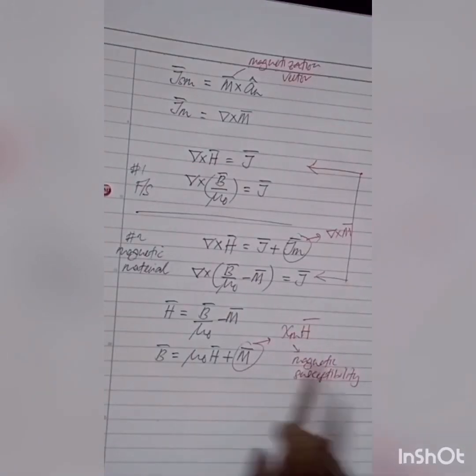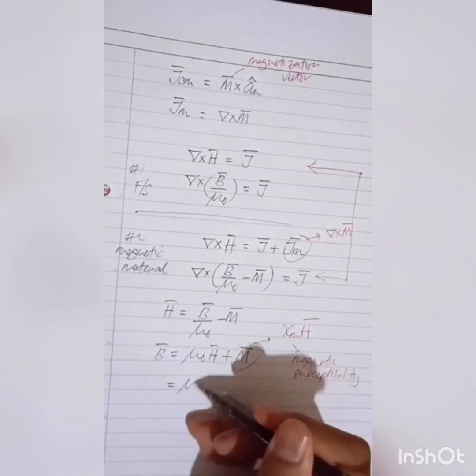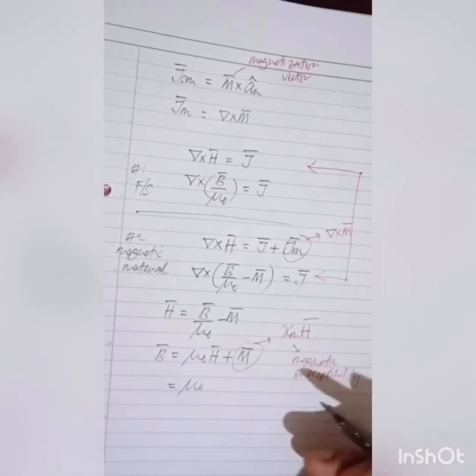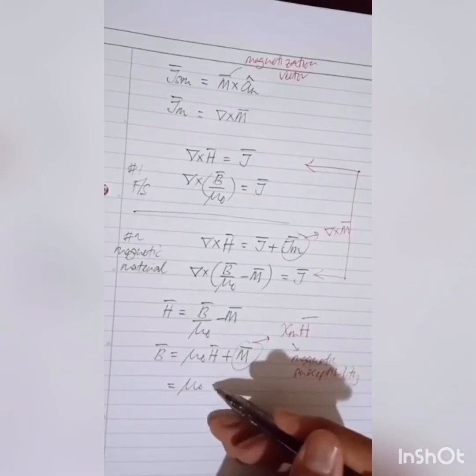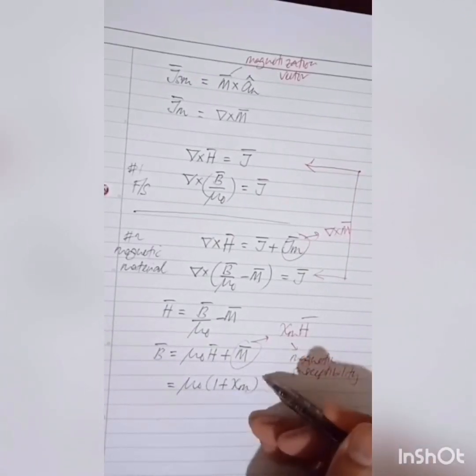Alright, so let's put in this conversion of M. Now we have mu naught here, and let's factorize the H as well. Now we have 1 plus chi M, times H.